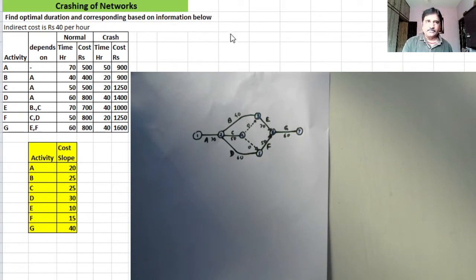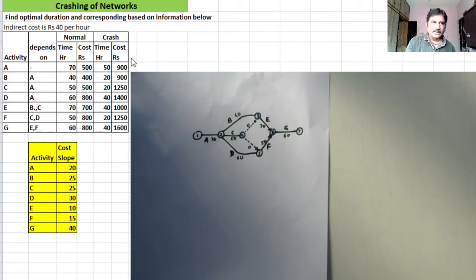So 900 minus 500 divided by 70 minus 50 comes equal to 20. It will take 20 rupees to crash activity A per hour. It will take 40 rupees if you want to crash activity A by 2 hours. That's how this cost slope helps you.